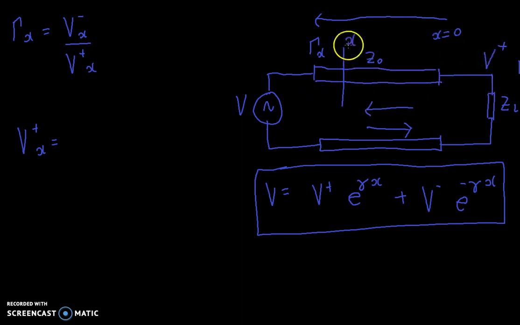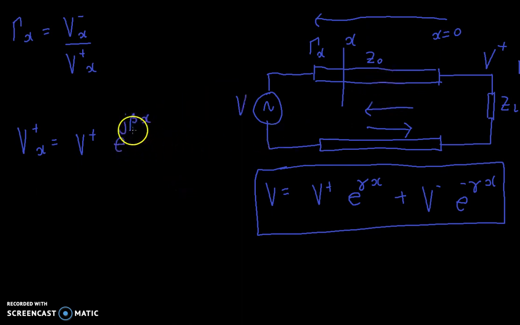So we need to find what is the value of the wave at this point x here. Remember that as we go from right to left, the value of this voltage increases. So this will be equal to V plus times e to the j beta times x at this point.